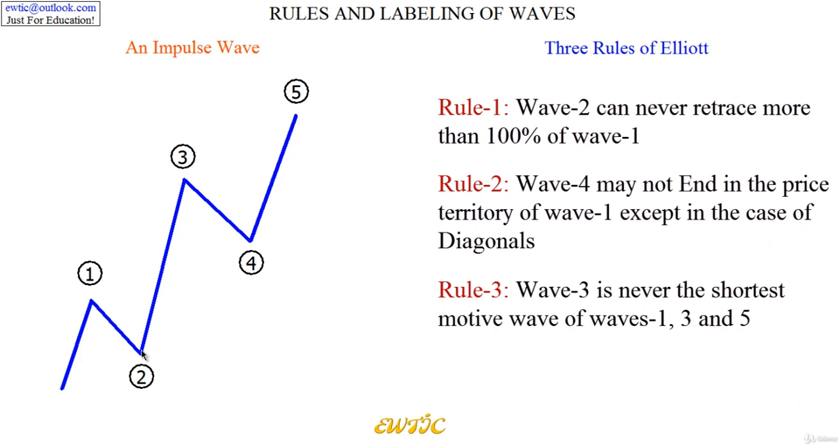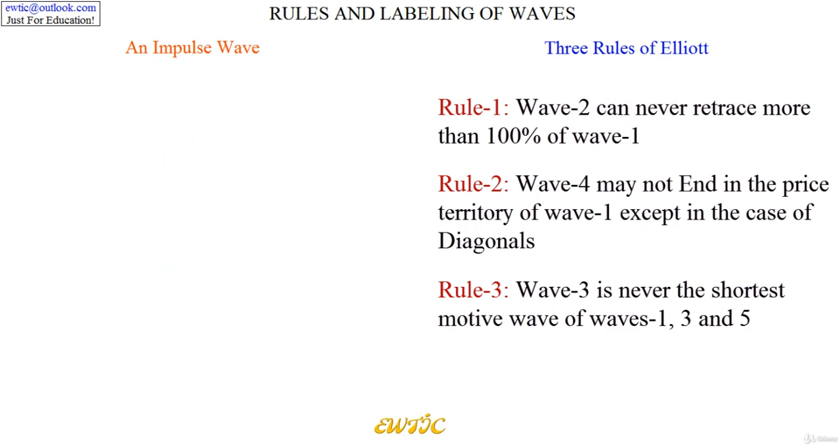It may not be the longest, but it can never be the shortest of waves 1, 3 and 5. So these are 3 simple rules of Elliott. So according to these 3 rules, let's have a look as to how to apply these rules.